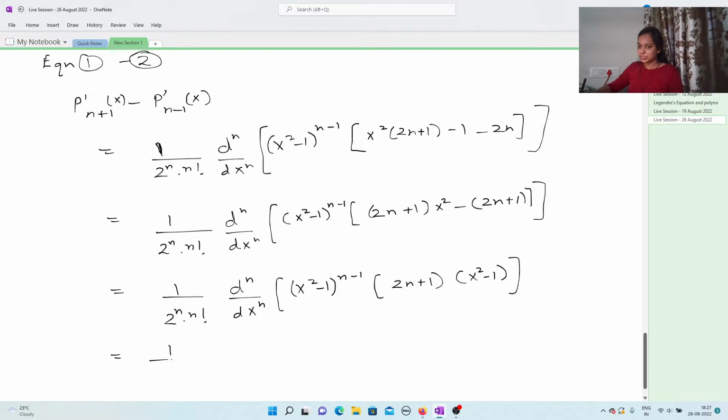Therefore we can write it as 1 over 2 to the power n into n factorial, d by dx, x square minus 1 to the power, now this becomes n.